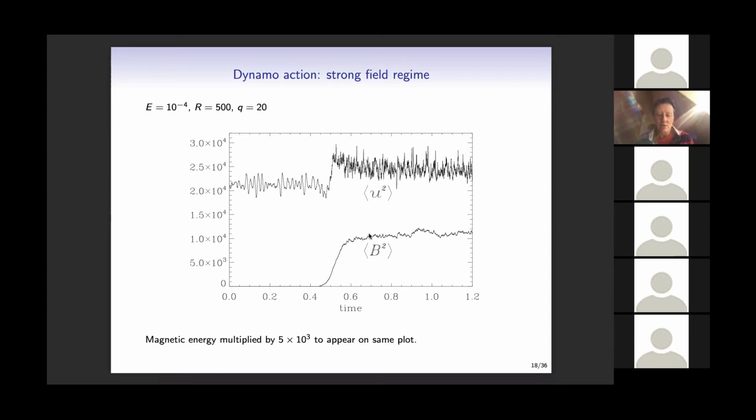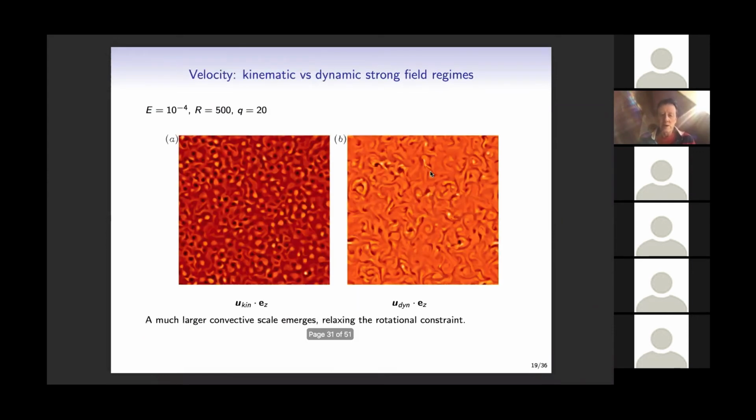The field grows, and interestingly, the flow goes up, and its temporal variation is much different as well. Okay, so what's going on here? So this is the kinematic flow that we've seen earlier, these little cells, and this is the dynamic vertical velocity.